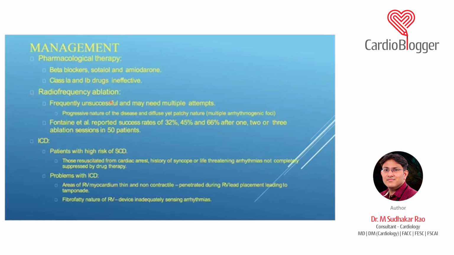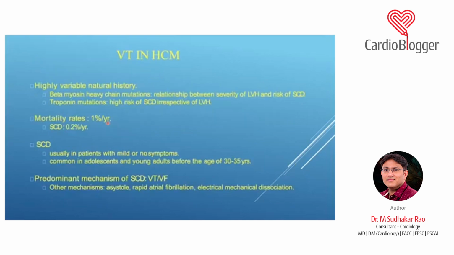There is no such role of pharmacological therapy, because only if a patient presents with ARVD to you with symptoms in the acute phase, then there is a role of beta blocker and amiodarone. Otherwise, you have to decide on the standard therapy like radiofrequency ablation or an ICD.